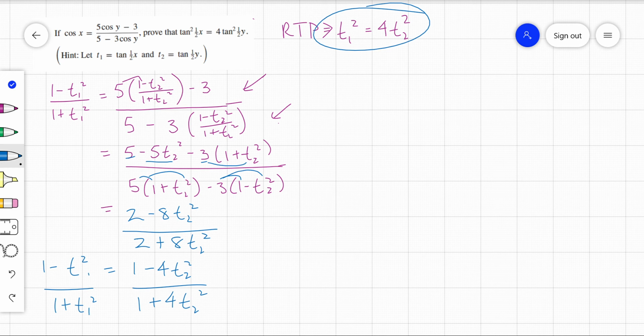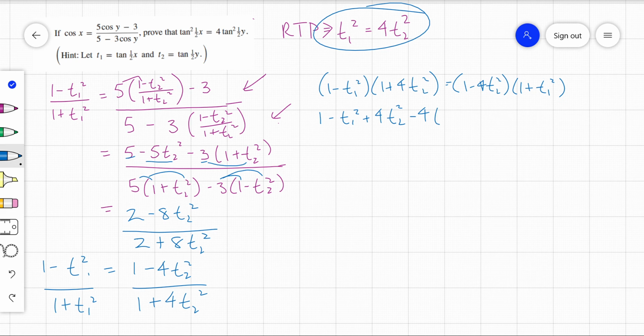But if I just keep going and do that little cross multiplication, I'm doing this equals 1 minus 4t2 squared times 1 plus t1 squared. I'm going to get 1 minus t1 squared plus 4t2 squared minus 4t1 squared t2 squared equals 1 minus 4t2 squared plus t1 squared minus 4t1 squared t2 squared.